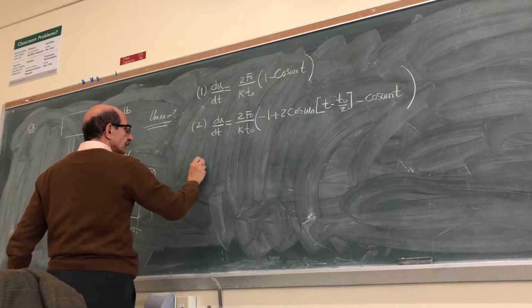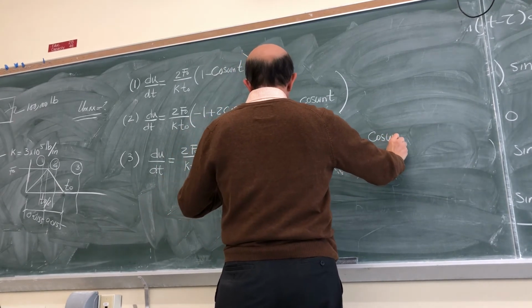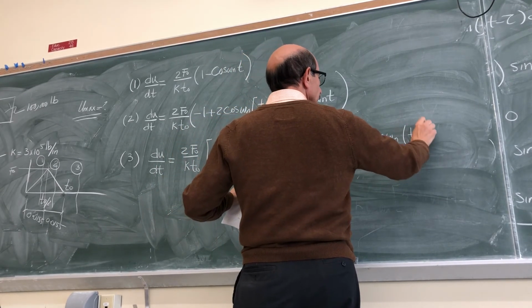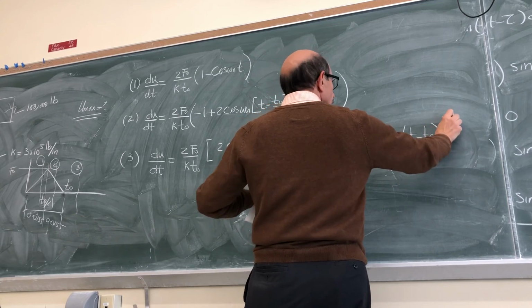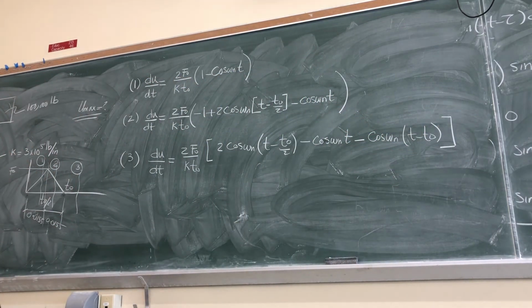And for the third, minus cosine omega n times (t minus t0). So these are the three derivatives.